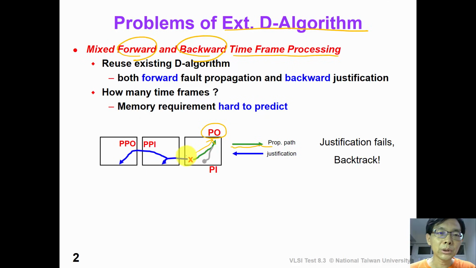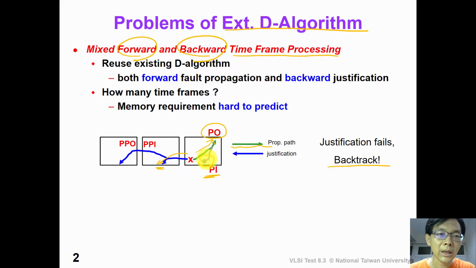And sometimes we do backward justification to the primary input so that we can justify the required values. But the problem is sometimes the justification can fail. In case of justification failure, we need to backtrack and change our propagation path or justification path.